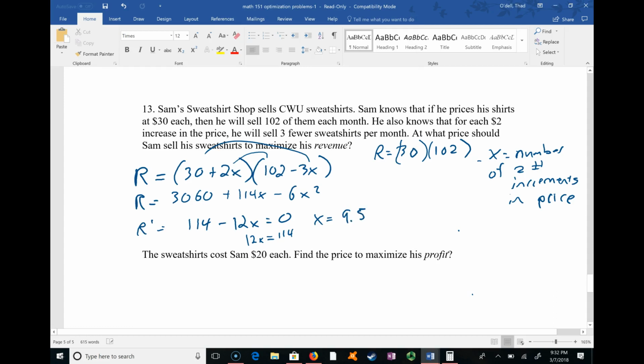X equals 9.5. Now remember that x was $2 increments, so that would be 9.5 $2 increments. So that would be like adding $19.